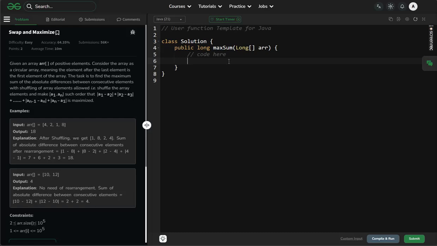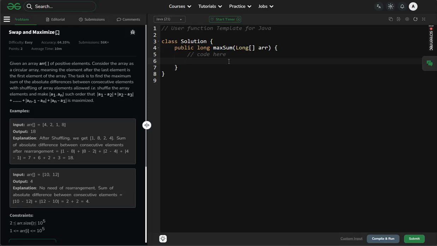Given an array ARR of positive elements, we need to consider it as a circular array, meaning the element after the last element is the first element. Our task is to find the maximum sum of absolute differences between consecutive elements.